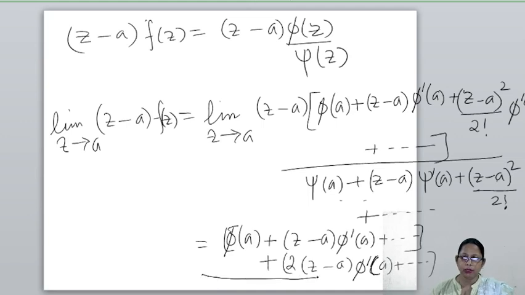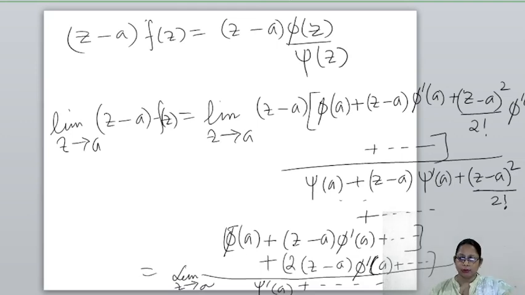In the denominator, this is constant, so this is 0. This will give you psi dash(a) plus dot dot dot, that is, terms containing z minus a. Here there will be one limit z tends to a. Using L'Hospital's rule, if I put z equal to a, the terms containing z minus a will be 0.